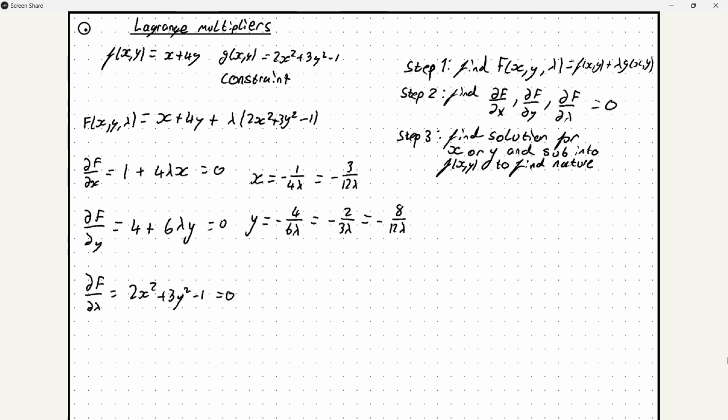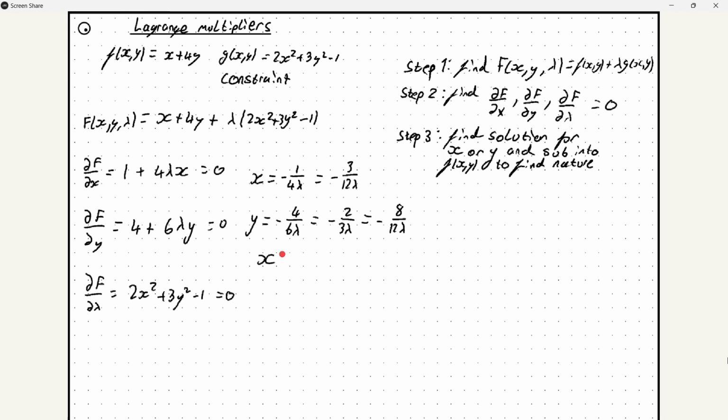So to get from x to y here, we want to times by 8 and divide by 3. Because if we times 3 by 8 over 3, these 3's are going to cancel and it'll just leave us with 8.